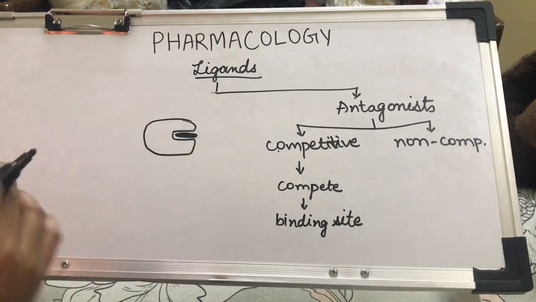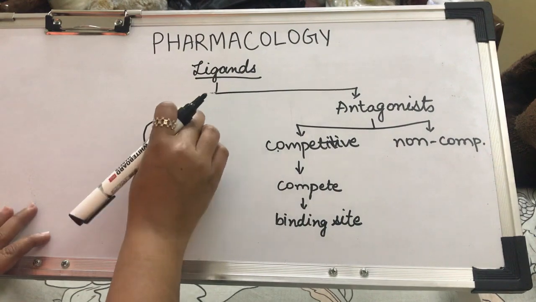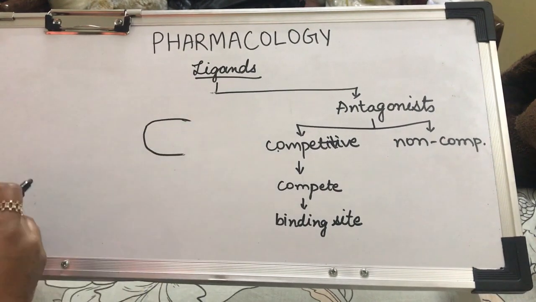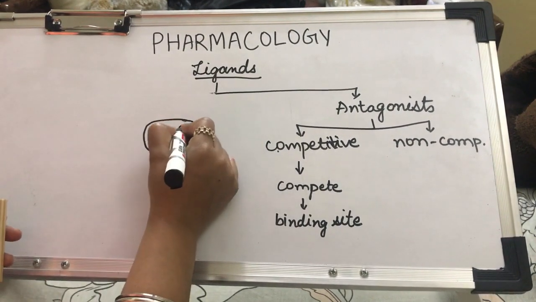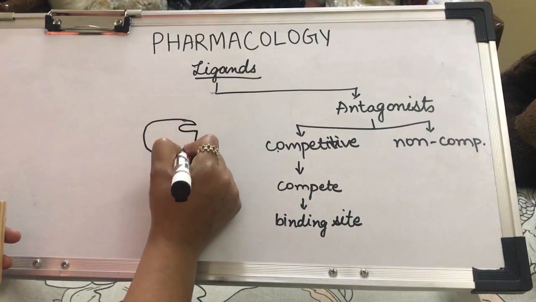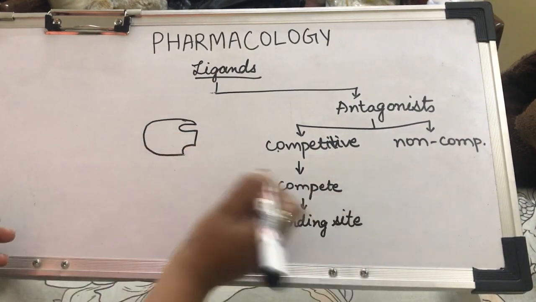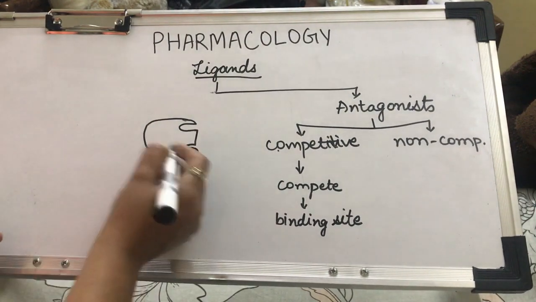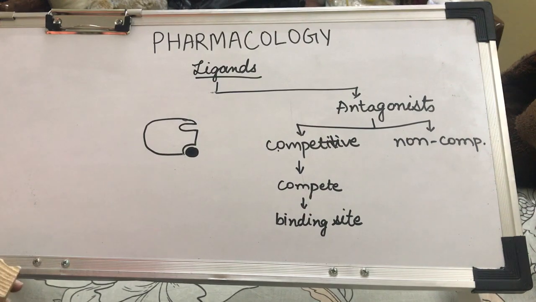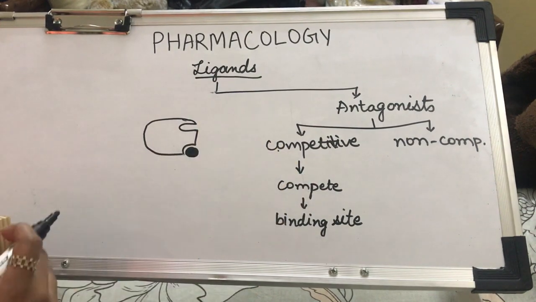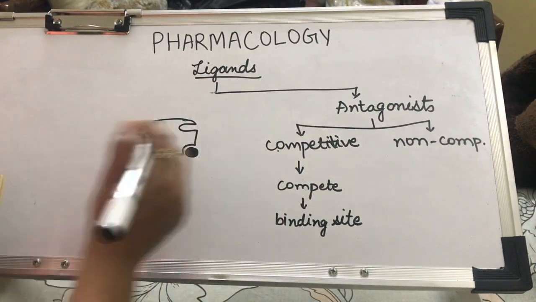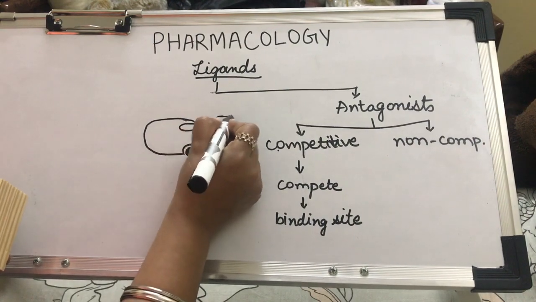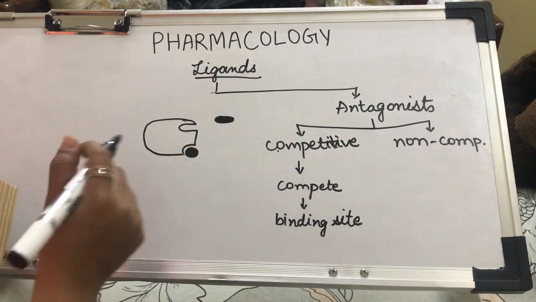Or what it is going to do is, it just has an allosteric site. This non-competitive antagonist will come and bind to this allosteric site or some other site, and it will bring about conformational changes in this receptor.